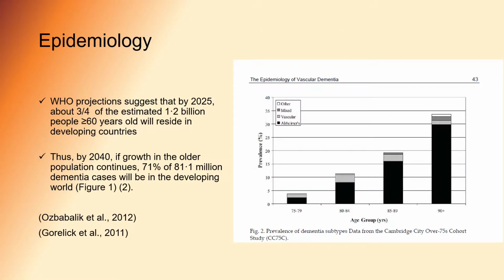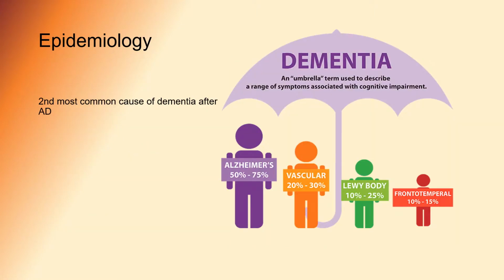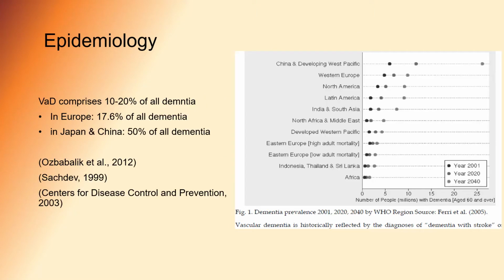The prevalence of vascular dementia, we can see the number here is huge. Vascular dementia, under this dementia umbrella, ranks number 2 after Alzheimer's disease. Let's look at this slide.